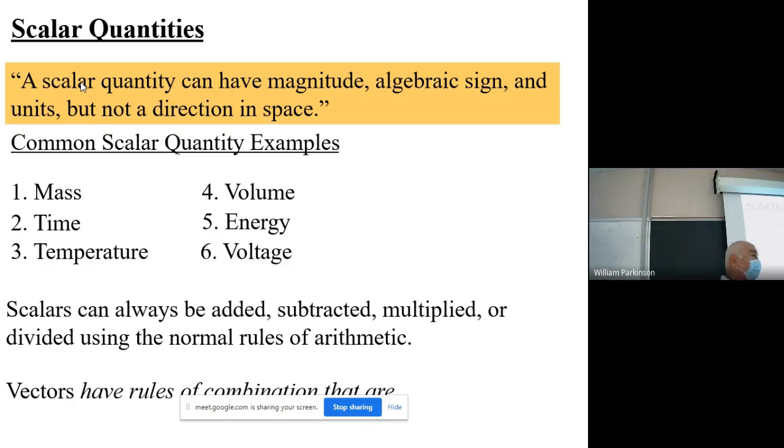But what if one of your buddies goes to the front of the car and your other buddy goes to the trunk of the car and they start pushing equally from the front and the back? Well, now their vector actions are in opposition, and even though they're pushing with the same magnitude, they have canceling directions.